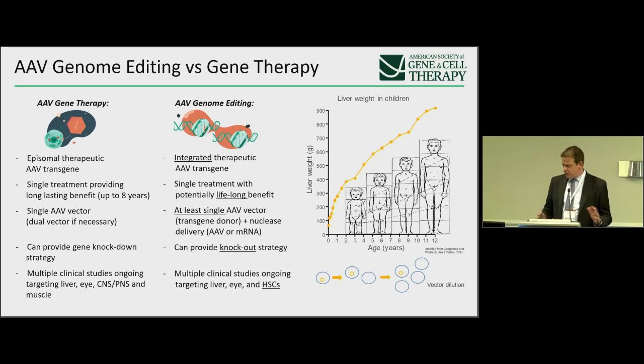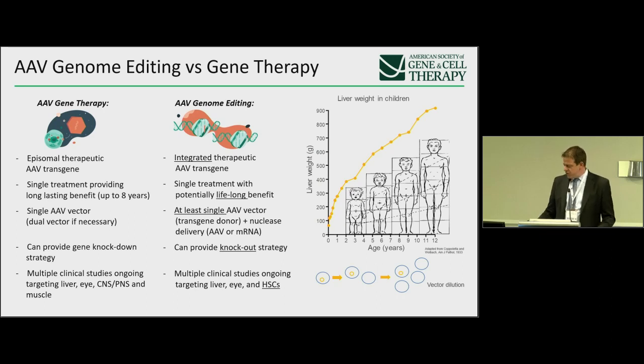Here I put together a comparison between AAV-mediated gene therapy and genome editing, where I highlighted the differences and the advantages of genome editing with respect, for example, to the liver. This is important because the liver grows very quickly in the beginning of pediatric development, in particular exponentially in the first 2 years, and then more linearly afterwards.